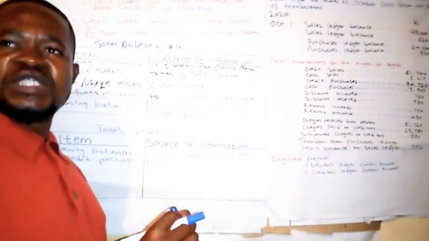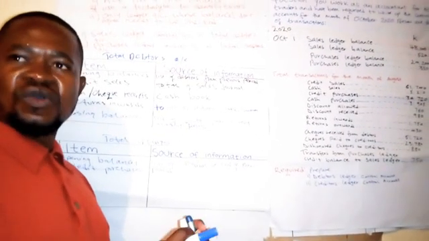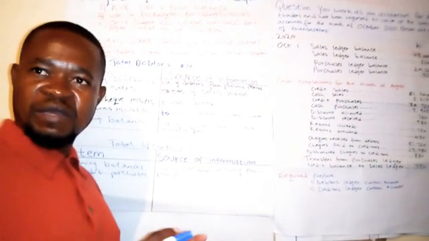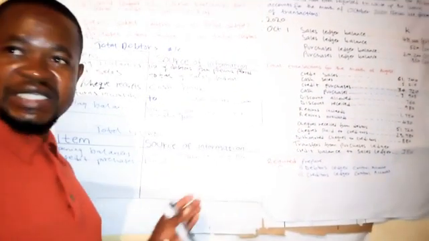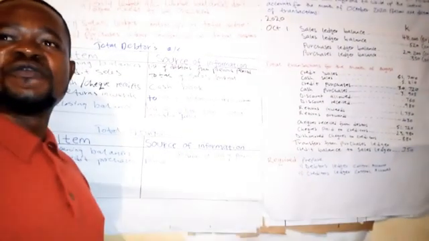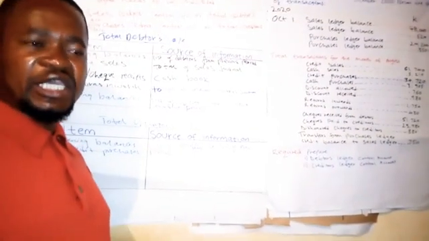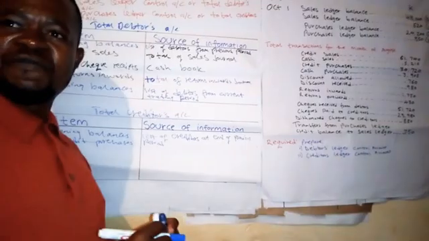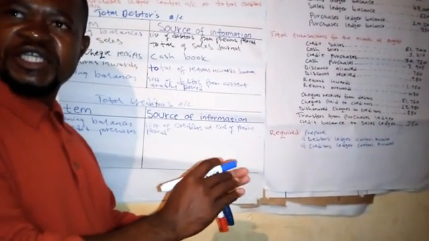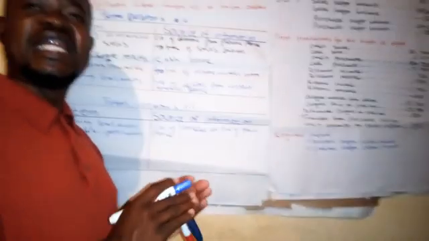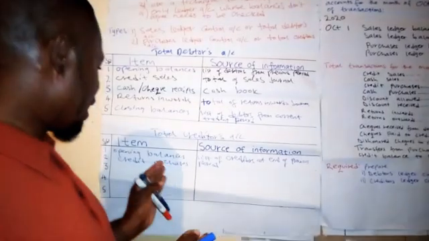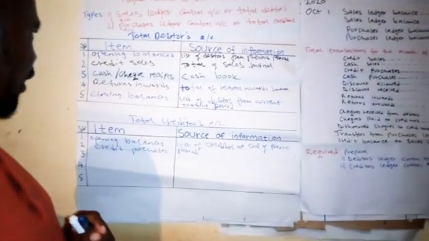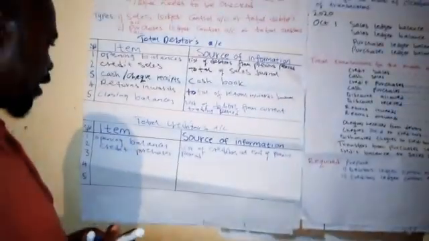So they will include cash sales or cash purchases. Remember, we prepare these accounts because of the credit transactions that we do. So if you're given cash sales or cash purchases, never include such an item in these accounts. We only record credit purchases in this case, or credit sales in the other account.